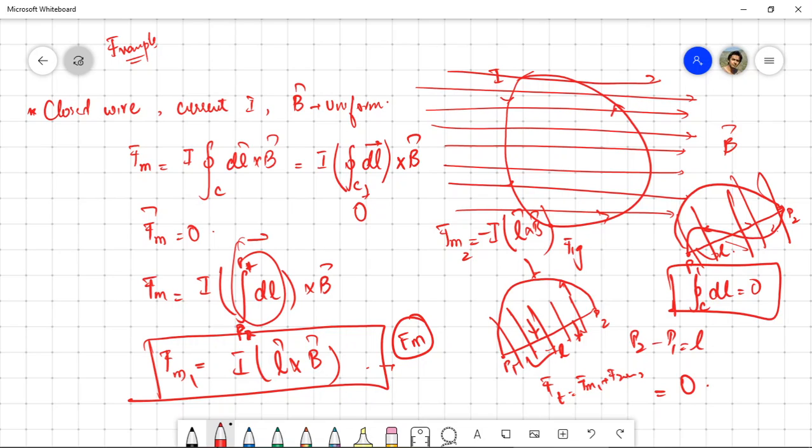We will solve another example in the next lecture, and this concept will become even clearer, because in that example we will have a semicircular loop, and because it is a loop, it will come back to the point where it started. We will break that semicircular loop down into its two segments, and we will see how these two different segments have the same but opposite force acting on them.